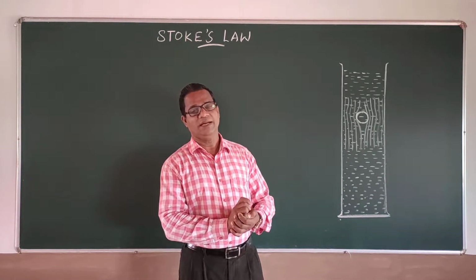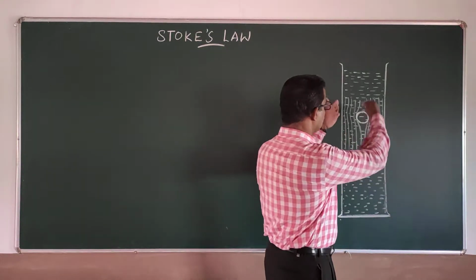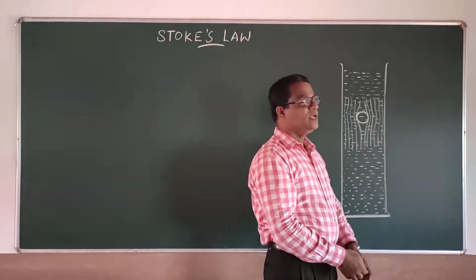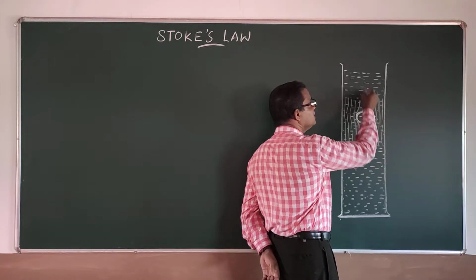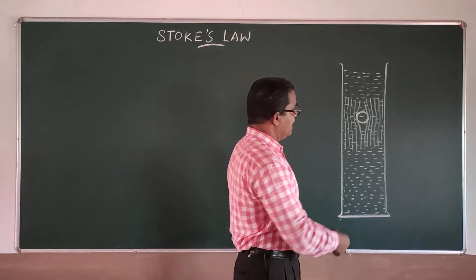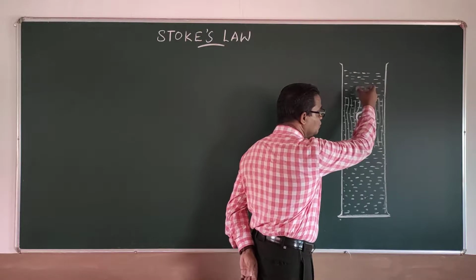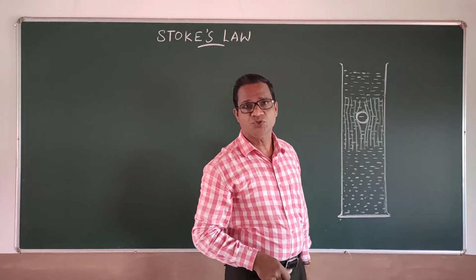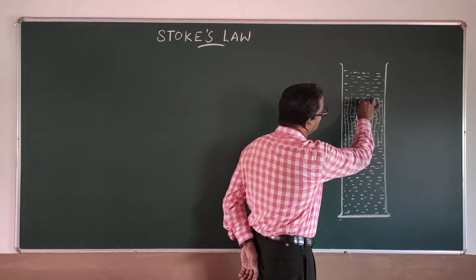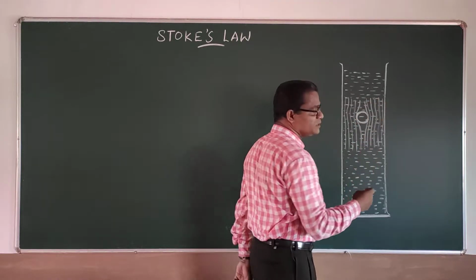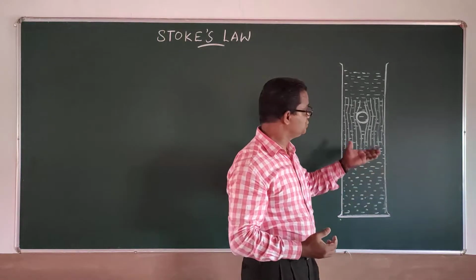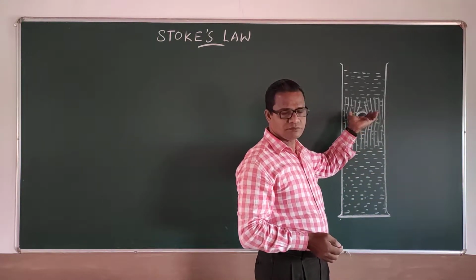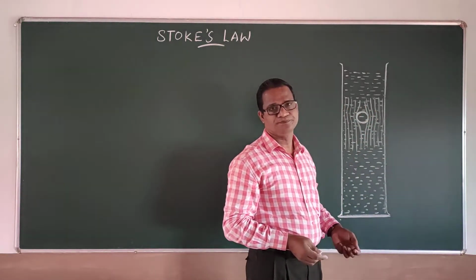To understand that, we take a column of water here, and as I drop the lead shot into it, it starts moving through. As the solid body moves through this column very fast, you can find the liquid in contact with the solid attaining a relative motion with the solid sphere.